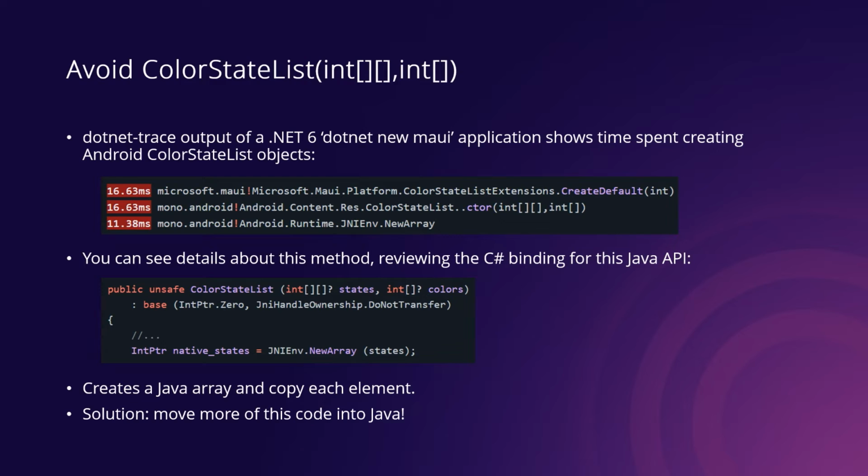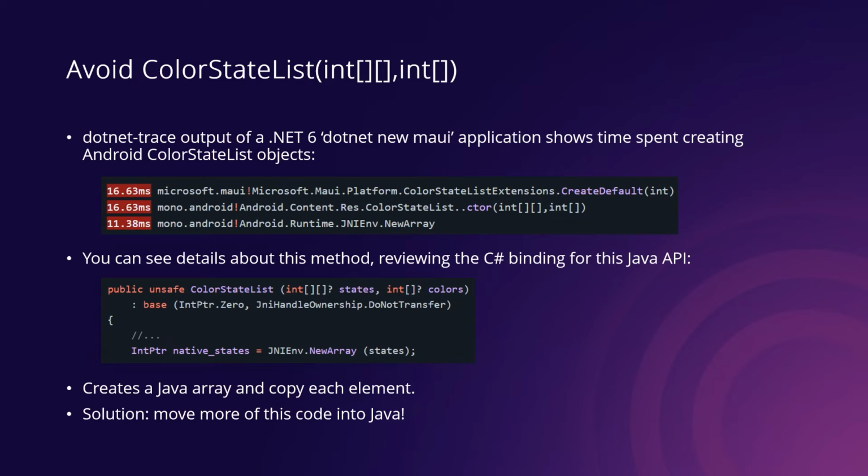It's just unfortunate that this API is shaped the way it is, that you pass it a multi-dimensional array of integers. If you look at this code example, under the hood it has to create a Java array and copy all these elements over so that Java can access the elements in the array, and C# is able to pass the values in, right?